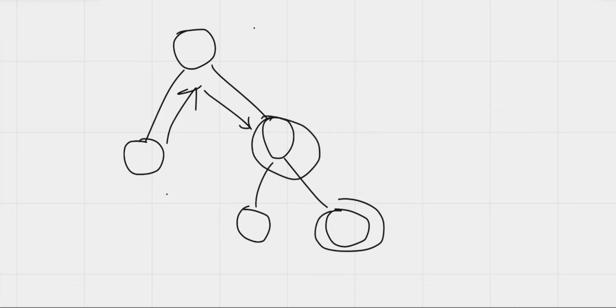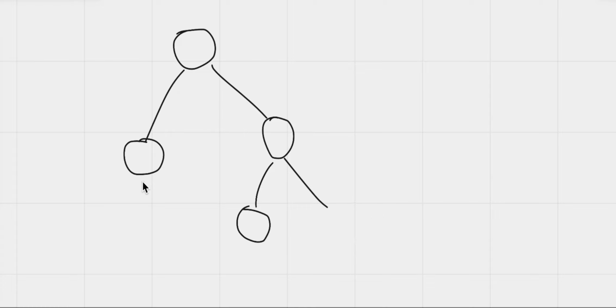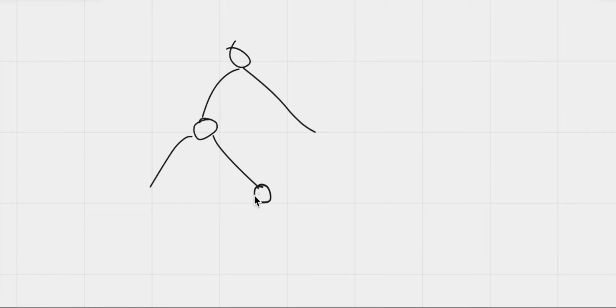In a rooted tree, the structure is kind of recursive in a way. So if we draw a large tree, you'll see what I'm talking about.